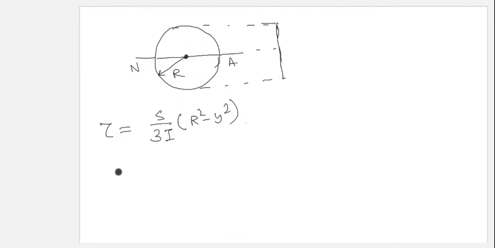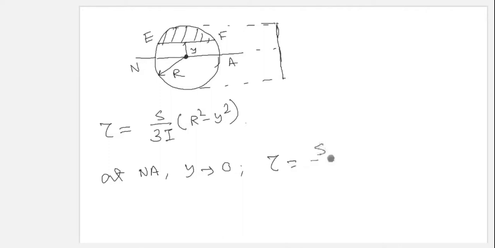So what will be the value of y at NA? y is 0. That means tau will be S by 3I r square.